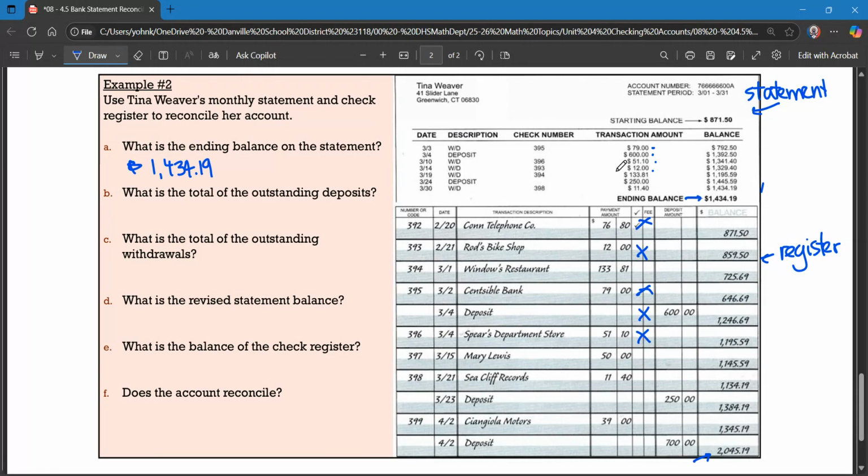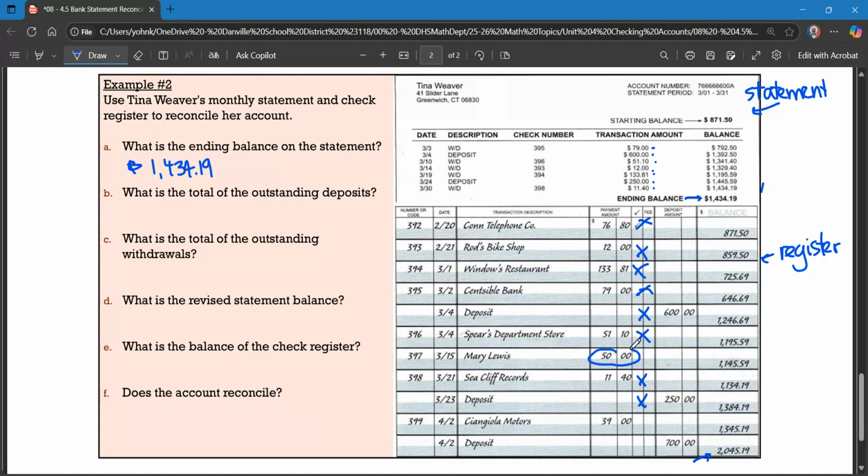Then I got check 394 for $133.81. $133.81. I got a deposit for $250. Deposit for $250. And I got a check for $11.40. Check for $11.40. So kids, anything that doesn't have an X in it is outstanding.